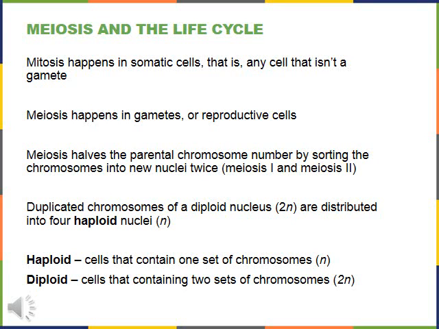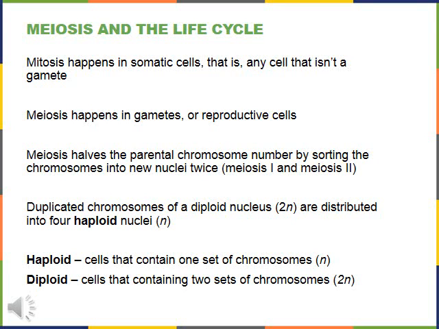Mitosis began with 1 diploid parent cell and ended up with 2 exact copies, so they would be 2 diploid daughter cells. Conversely, meiosis starts with a diploid, or excuse me, a haploid cell, and when it is finished, you'll end up with 4 haploid cells.